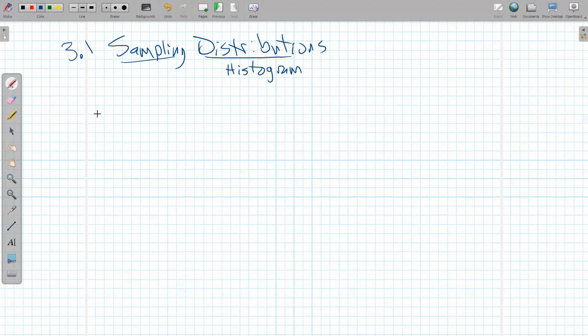So the two types we're going to focus on, the book does a few more, but we're going to look at sample means and sample proportions. So the kind of examples that we're going to explore here for sampling distributions is we could have a distribution of sample means.